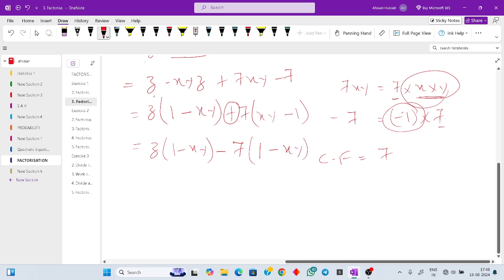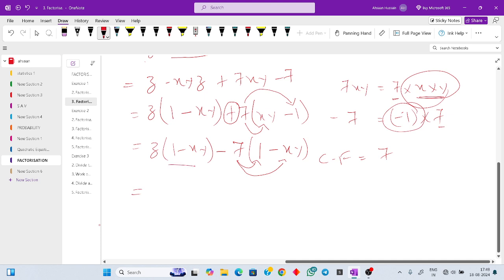Because, see, if you multiply 7 and xy, the answer will be 7xy, right? Similarly, if you multiply negative 7 and negative xy, the answer will come again positive 7xy. And if you multiply positive 7 and negative 1, the answer will be minus 7. Again, if you multiply negative 7 and positive 1, the answer will be minus 7. Okay, that's why we have changed this symbol.